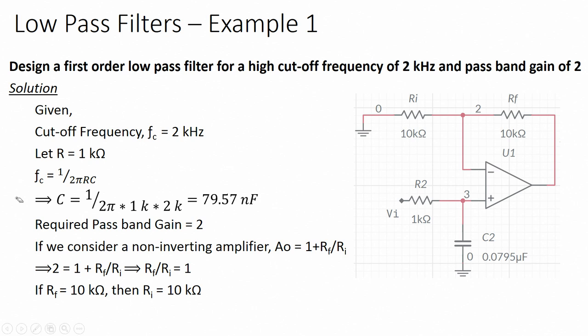Then C equals 1 upon 2 pi R into FC. So, when you substitute the values, you know the value of FC, you know the value of R, then you get C equals 79.57 nanofarad.